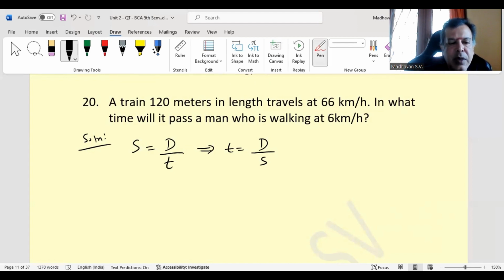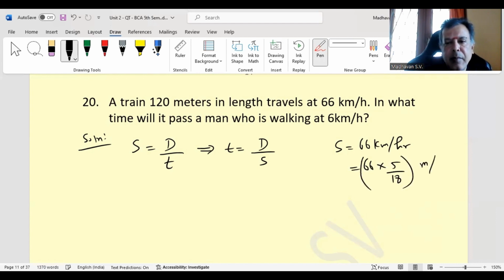So we will convert the speed, which is given as 66 kilometer per hour, into meters per second by multiplying it by 5 by 18. And that will give us 11, I mean, this is 11, dividing by 6, this is 3. So 11 into 5 by 3, which is 55 by 3 meters per second.